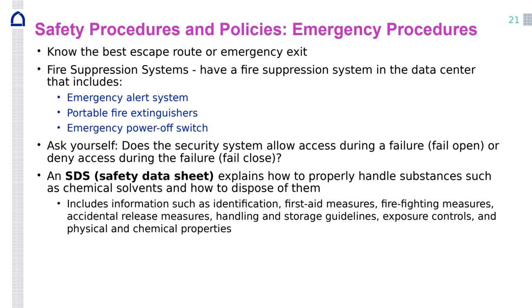We call this fail open, or deny access during the failure, fail close. Meaning if something wrong happened, it will block access. This is called fail close. If there is a failure, if there is a fire, it will close. Another system, if there is a problem, it will open, so people will run out. That one is called fail open. So you need to know.